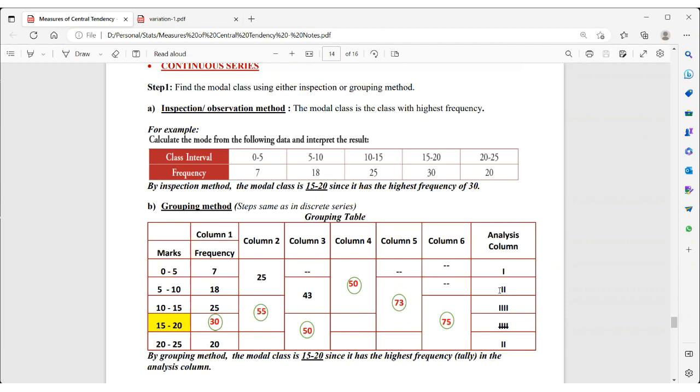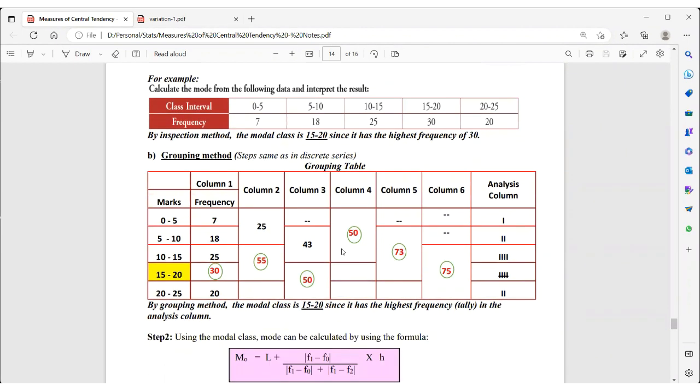First column, I told you that frequency itself: 0 to 5 marks, 7; 5 to 10, 18; then 25, then this. Now group in twos. 7 plus 8, 25, 25. 25 plus 30, 55. Now one left. Leave it.